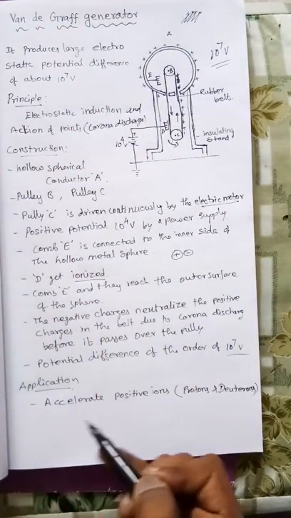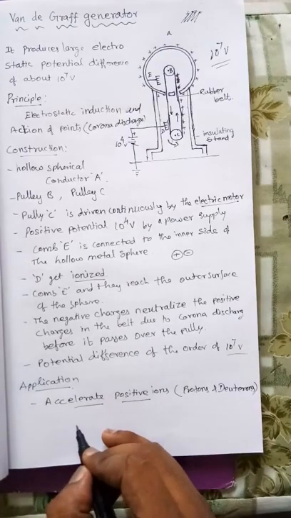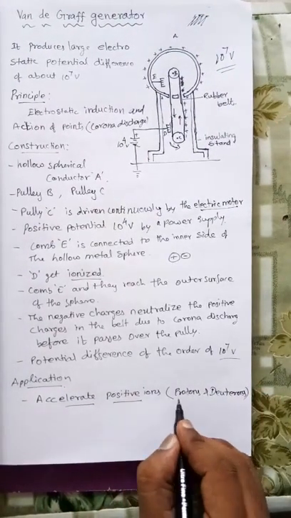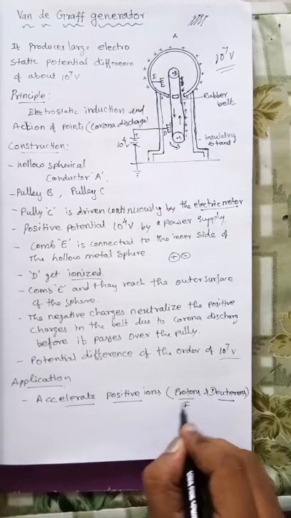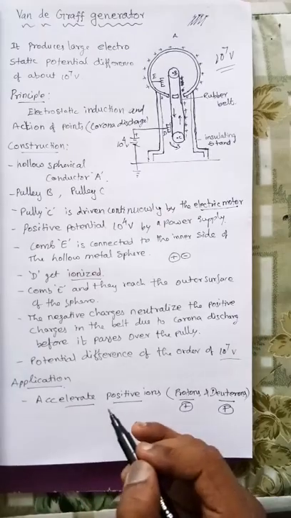Another application of Van de Graaff is to accelerate positive ions. Accelerate means increasing the speed. It accelerates positive ions, meaning protons and deuterons, which are positively charged. Why can't negative charge accelerate?